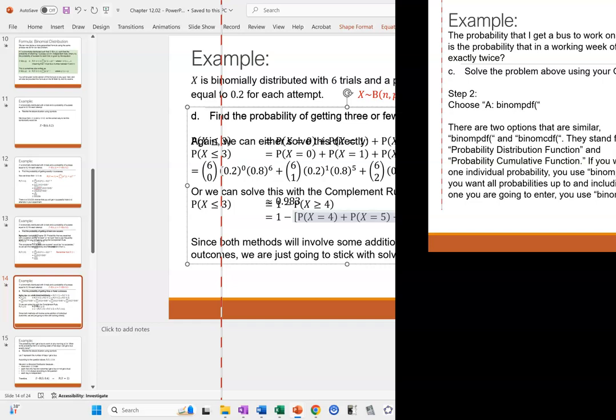In general, the difference between the PDF and the CDF is that the PDF is the probability distribution function and the CDF is the cumulative distribution function. If I want one value, like the probability that x is equal to 2, I want the PDF. If I want a bunch of values, like the probability x is less than or equal to 2, then I want the CDF.